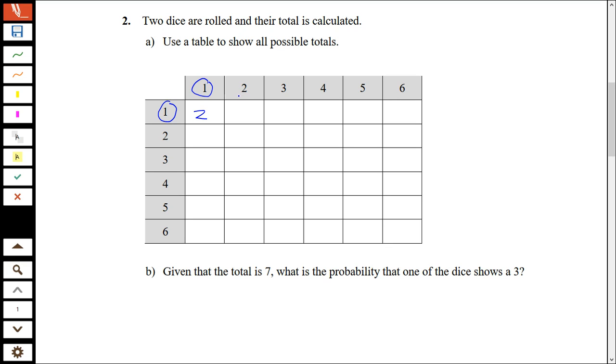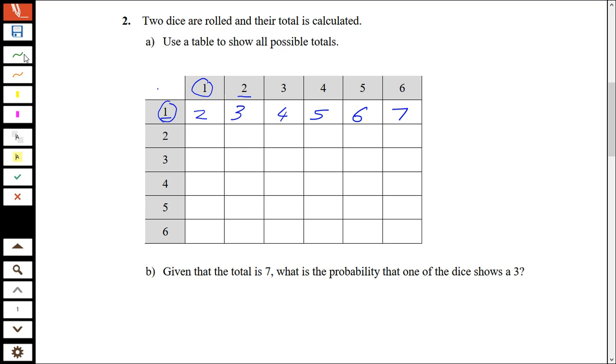Then the first dice could show a 2 and the second dice a 1, total of 3. That continues: a 3 and a 1 gives 4, a 4 and a 1, 5 and a 1, 6 and a 1, and so on.